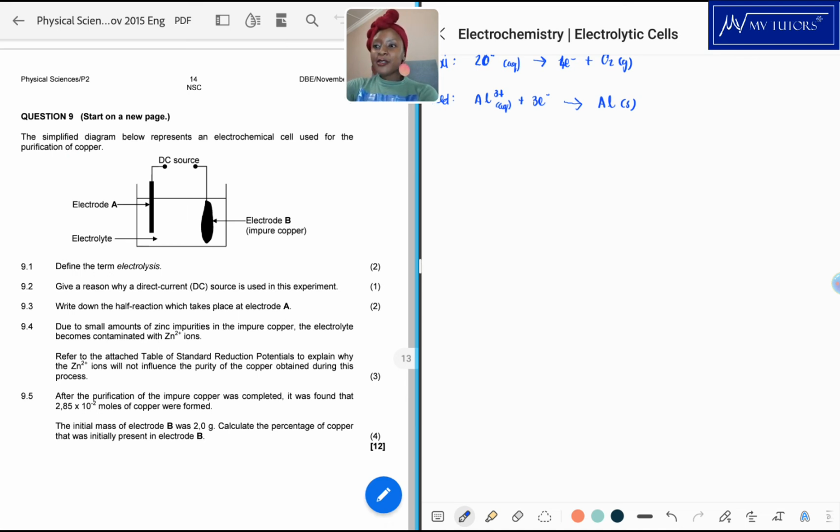Now they say define the term electrolysis.